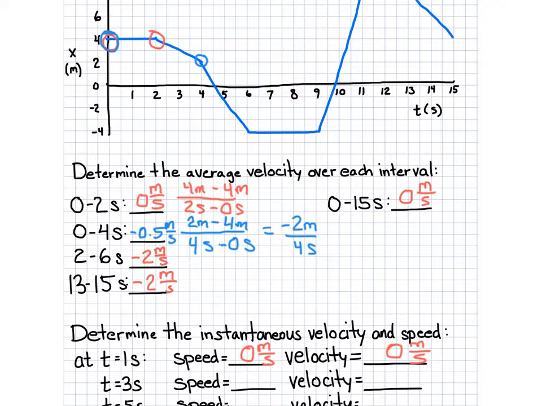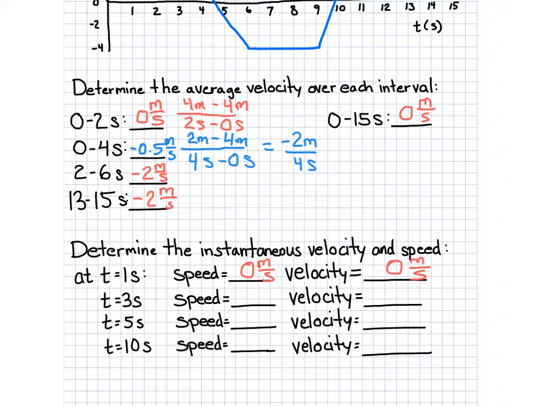All right, let's write that in. 2 meters minus 4 meters over 4 seconds minus 2 seconds should give me negative 1 meter per second. Got it? There's my negative velocity. Well, what about speed? How fast is it going? Yeah. 1 meter per second.